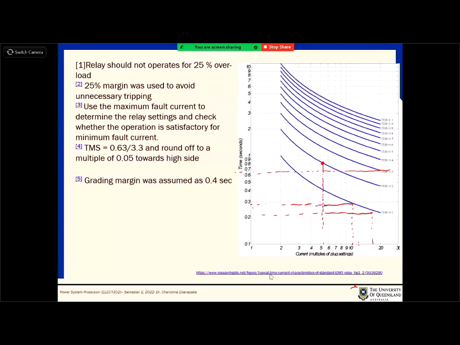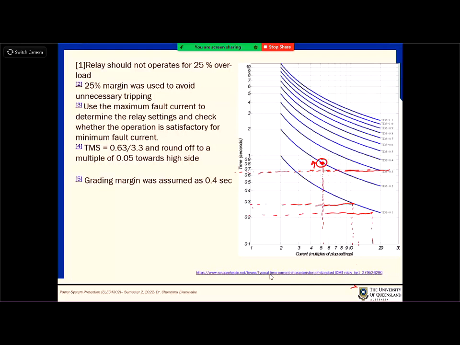You can see that for 5.3 the operating time is above 0.67. Can you see that? This point is above this line, so you can consider that this is a good candidate.